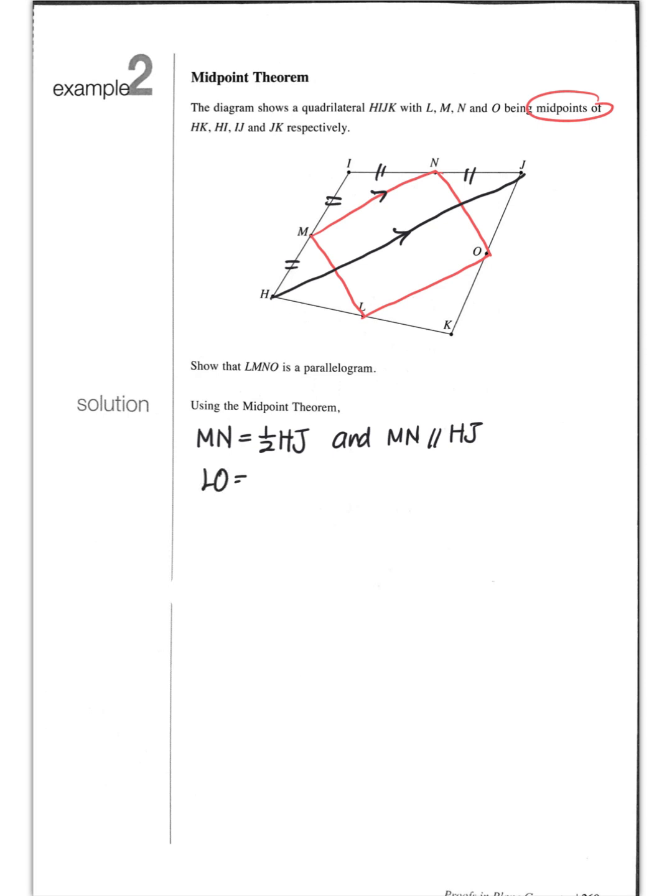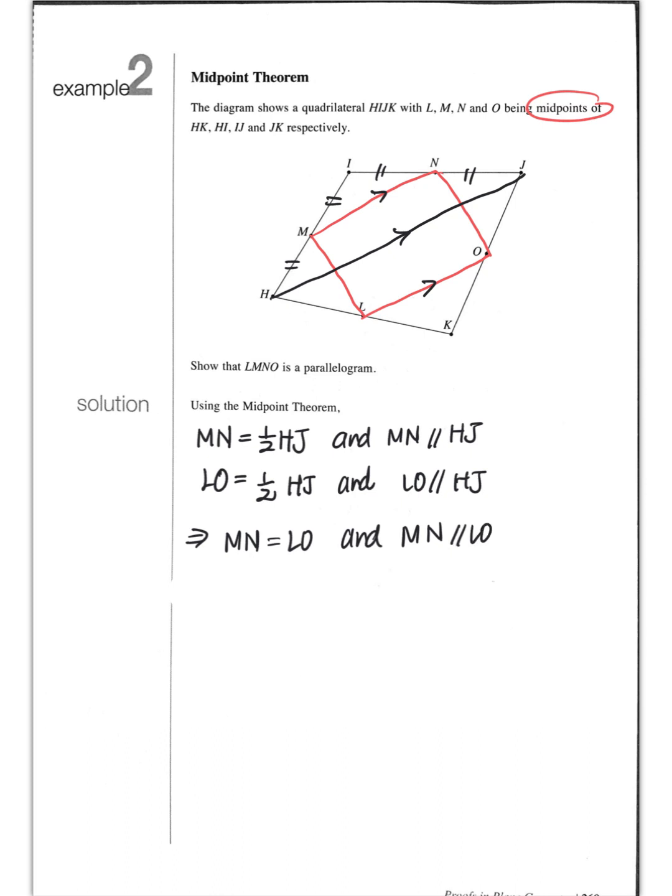And LO will be equal to half of HJ and LO is parallel to HJ. Right, easily done. So therefore, it means that MN is equal to LO and MN is parallel to LO.